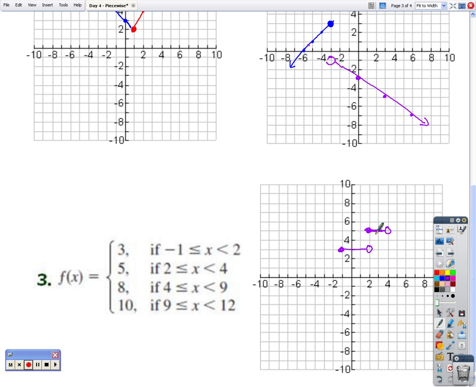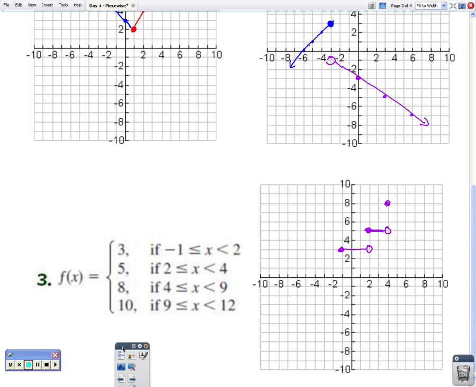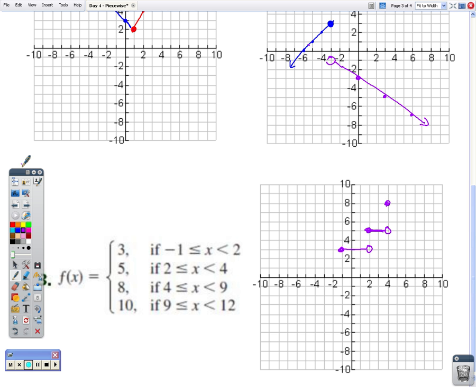That one's 5. 4 to 9 is 8, and 9, 11, 12. So that is how we graph piecewise functions.